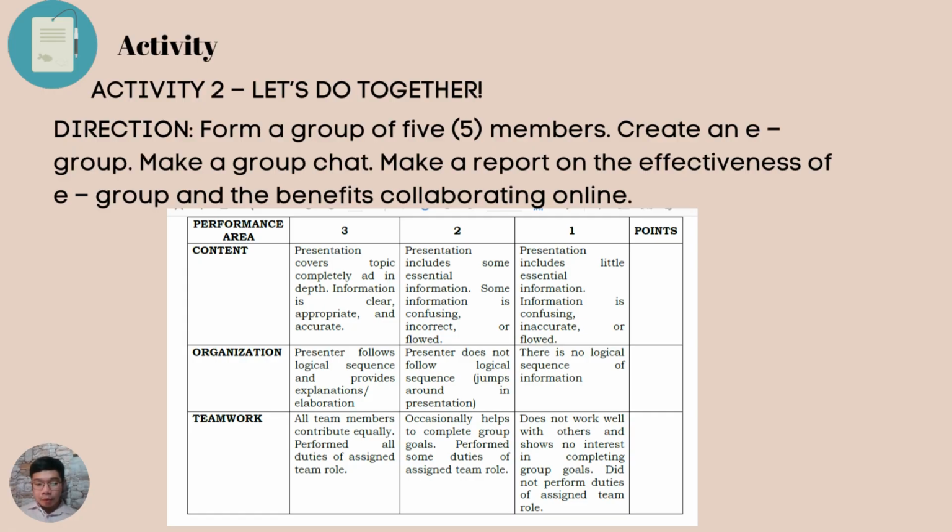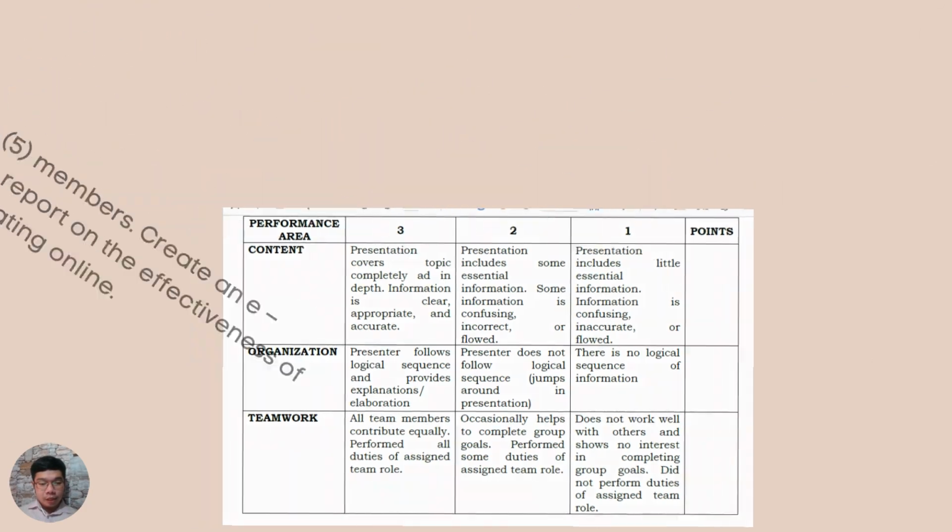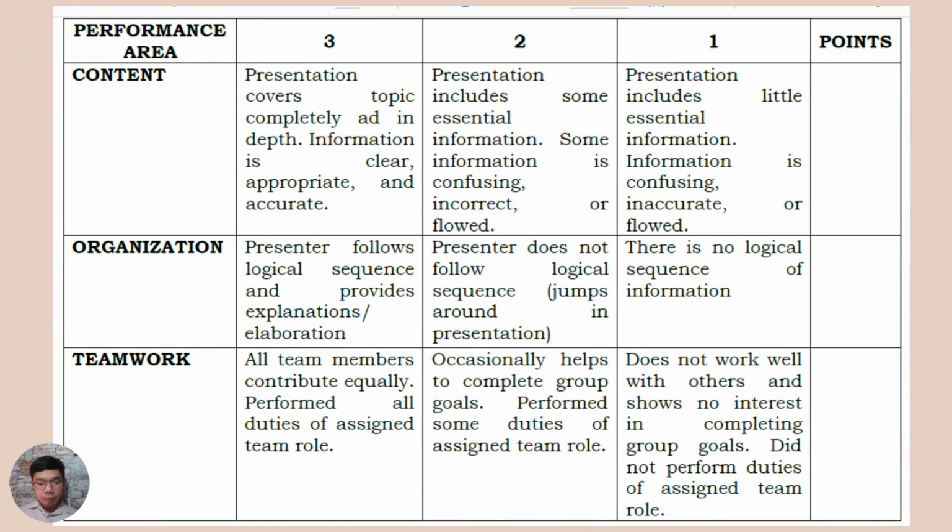So here's a sample rubric. To give you a larger view of this rubric, here is the next slide. So the criteria are the following. We have here the content. 3 points if presentation covers topic completely.